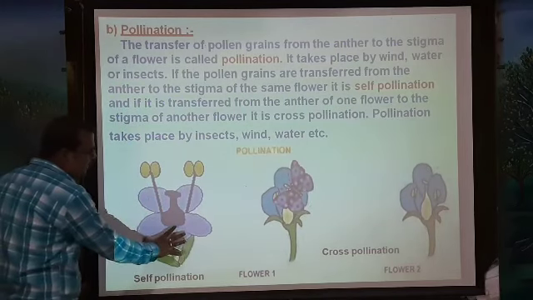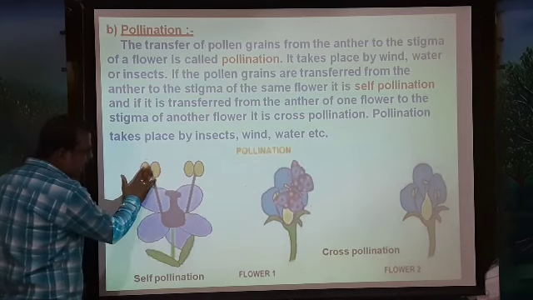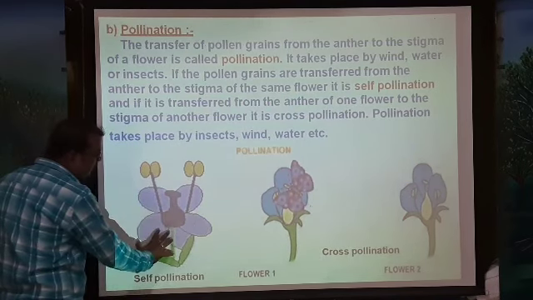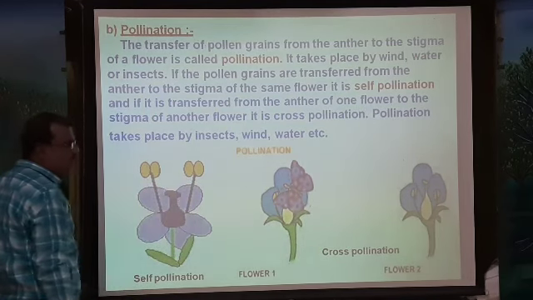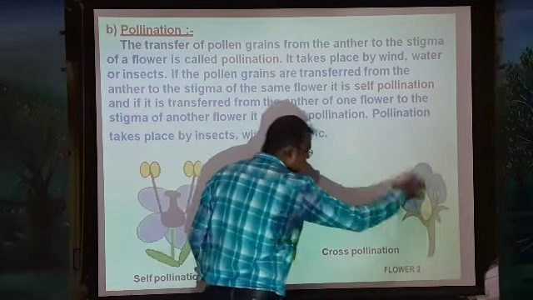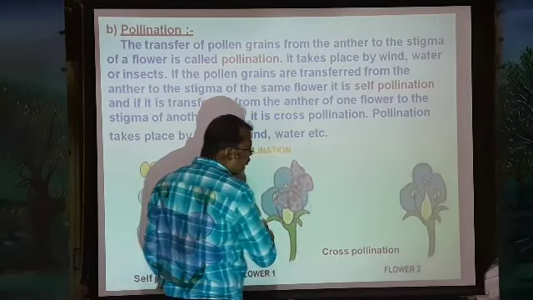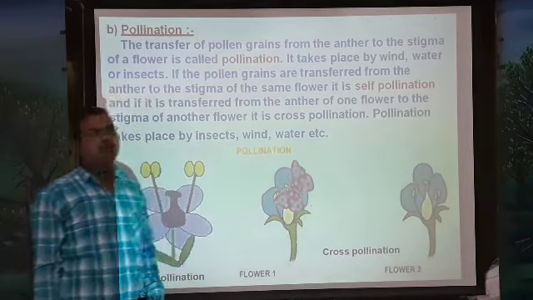Here we see that this is one single flower. It contains both the male reproductive part and the female reproductive part. So it is a single flower. If transfer of pollen grains takes place in this flower, this is called self-pollination. This is one flower and this is another flower. If the transfer of pollen grains from this flower to the stigma of another flower takes place, this is called cross-pollination.